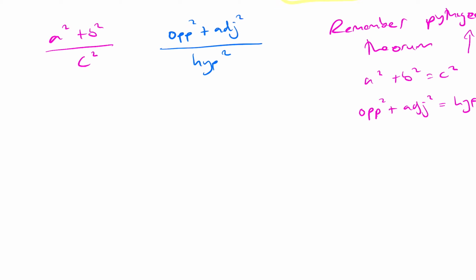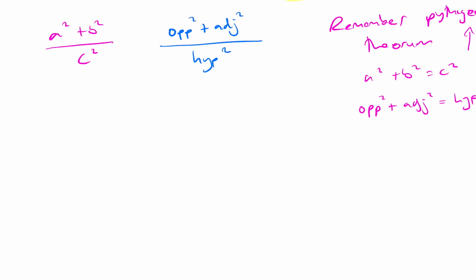Whenever we say a squared plus b squared equals c squared, what we're saying is the opposite squared plus the adjacent squared is equal to the hypotenuse squared. So in this instance, the opposite is a, the adjacent is b, and the hypotenuse is c. I'm going to switch over to A, B, and C now, but just bear in mind that behind those, the meaning of A, B, and C is actually the opposite, the adjacent, and the hypotenuse.